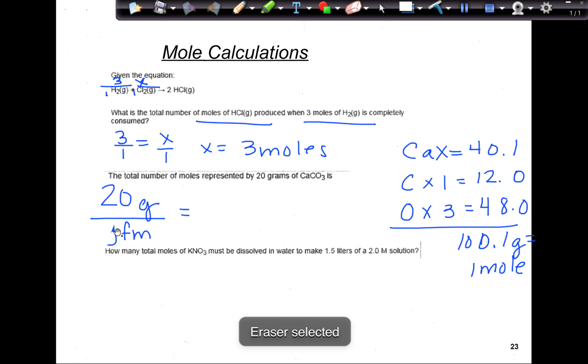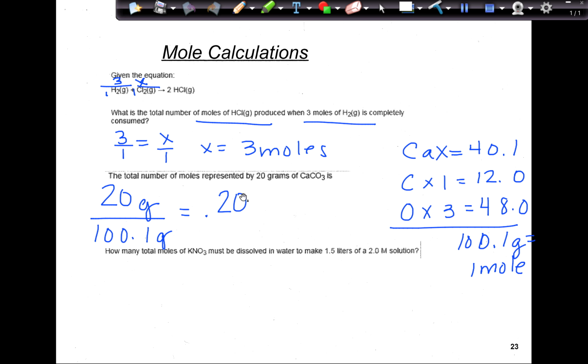So to get the number of moles, we are going to do 20 grams divided by 100.1 grams. And we are going to get 0.1998, so we're going to say that this is 0.20 moles, 0.2 moles.